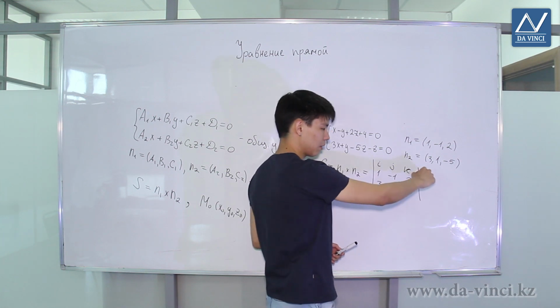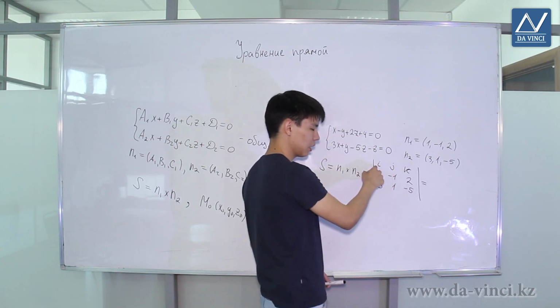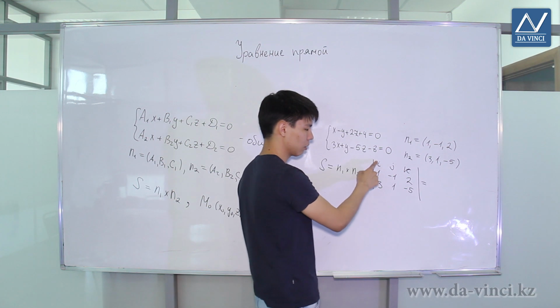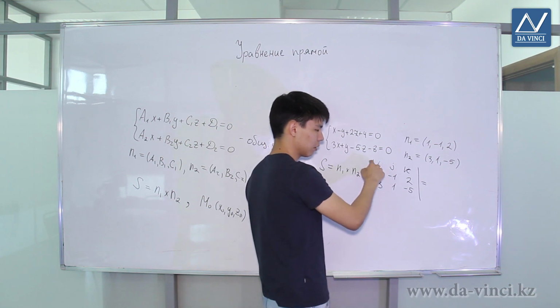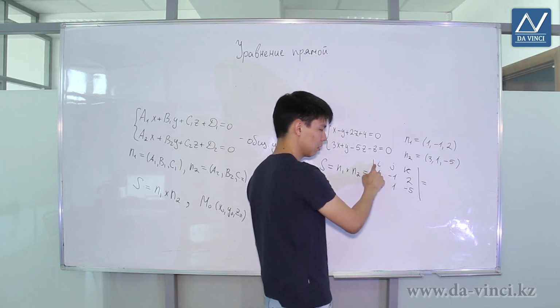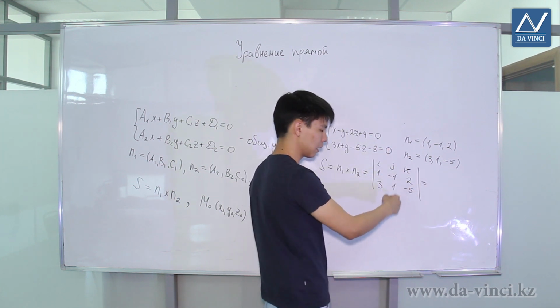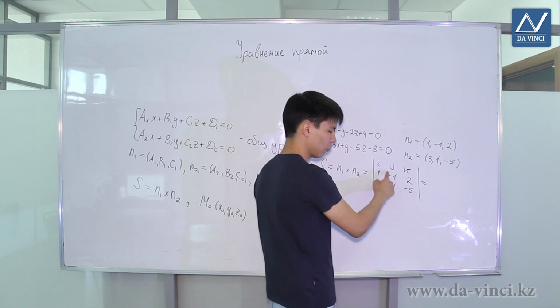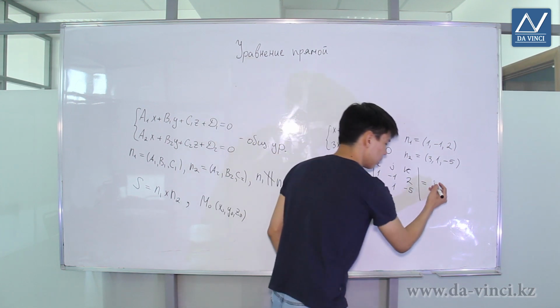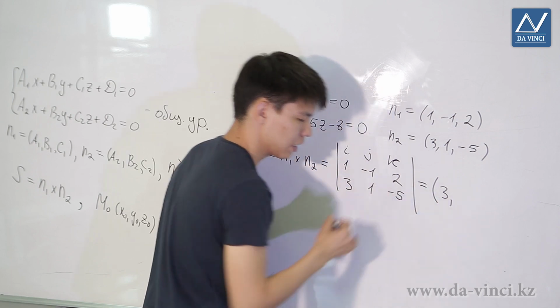Expand this determinant along the first line, and the coefficient in front of i will give us the x-coordinate. So we find the algebraic complement for this element. That is, we cross out the first row, the first column. This determinant remains. We consider this determinant, it is equal to 3. So the x-coordinate is 3.